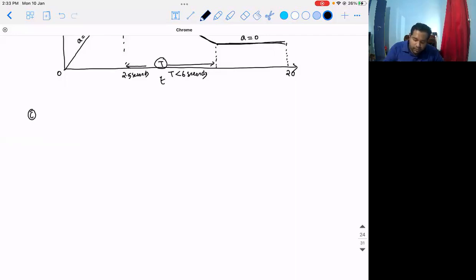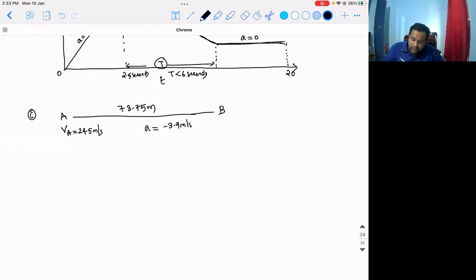That is from A to B. The total distance covered is 73.75, the initial velocity is VA, 24.5 meters per second, and the acceleration is minus 3.9 meters per second squared.